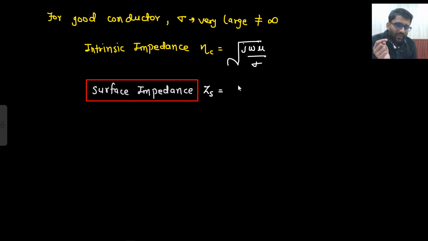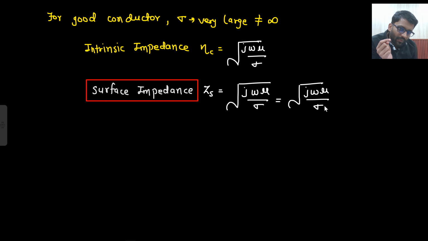The surface impedance can be written as square root of j omega mu upon sigma. Omega mu upon sigma under the root is the magnitude, and root j has the angle of 45 degrees, that is e to the power j45.